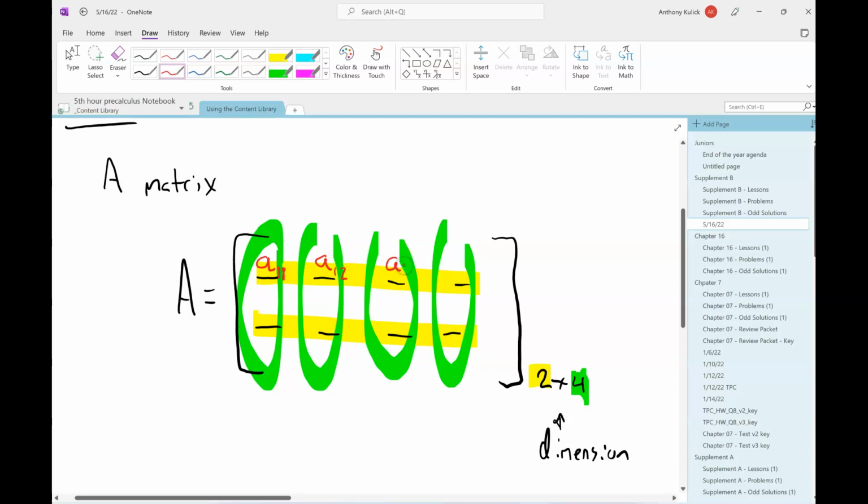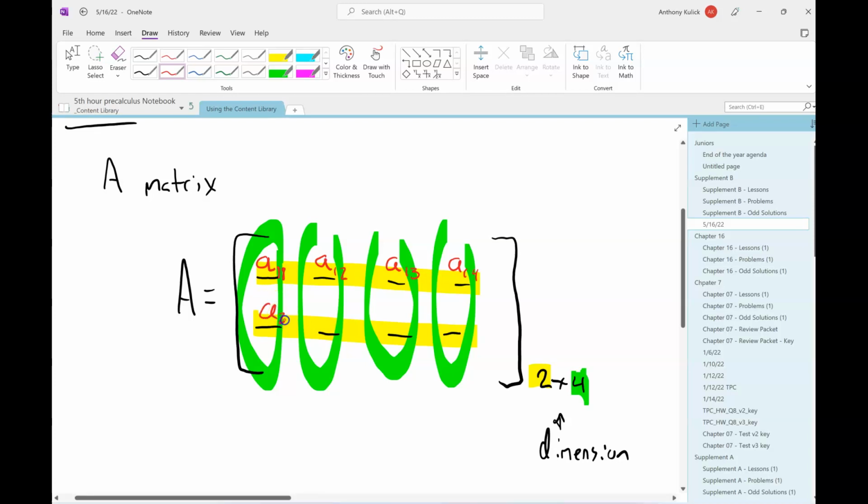This one over here, I would name A13, A14. Everybody's okay with that? That subscript is describing what row and what column that entry appears in.